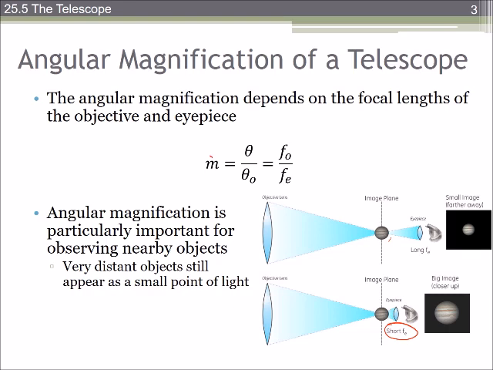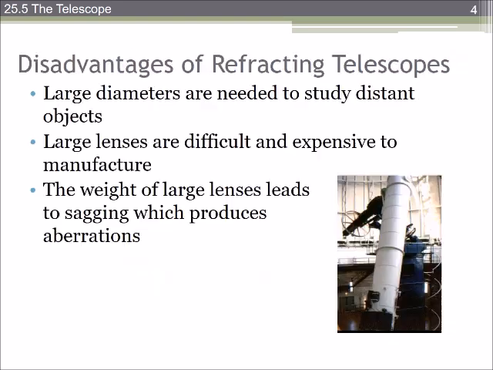So the overall angular magnification is the ratio of the focal lengths of the eyepiece and the objective. The angular magnification is particularly important for observing nearby objects. Very distant objects will just be a point of light. But if we want to be able to see the rings on Jupiter, we need a larger magnification.